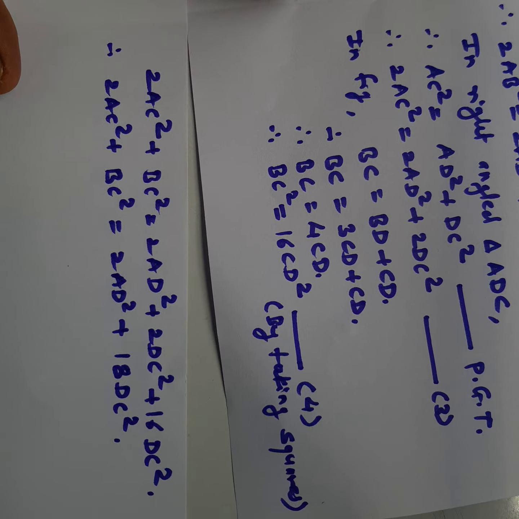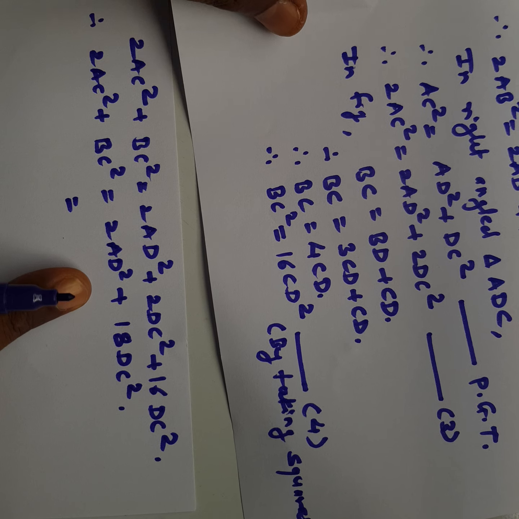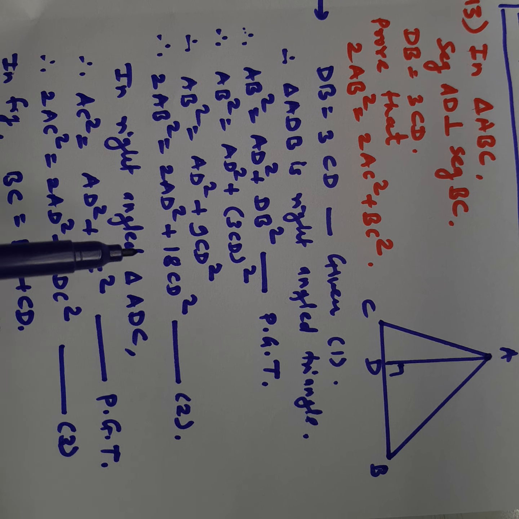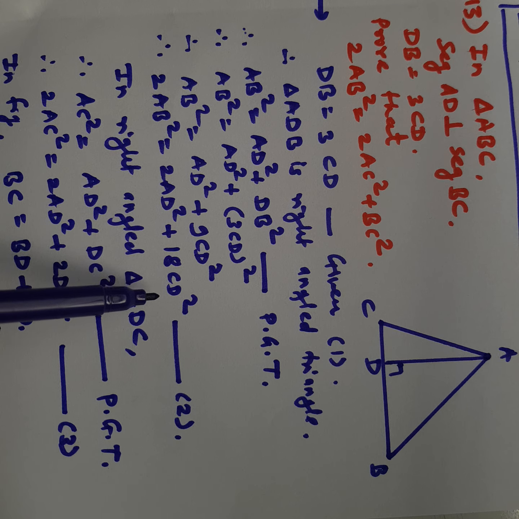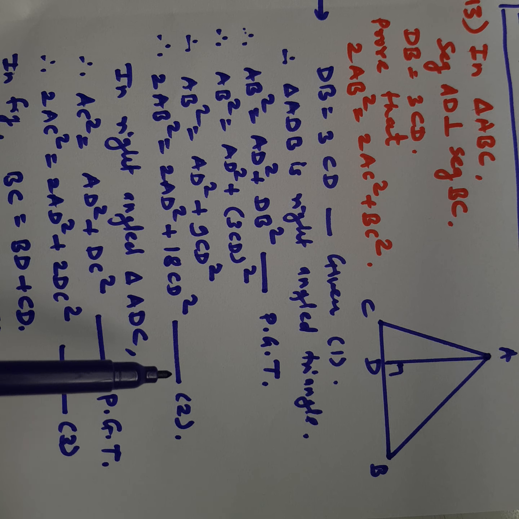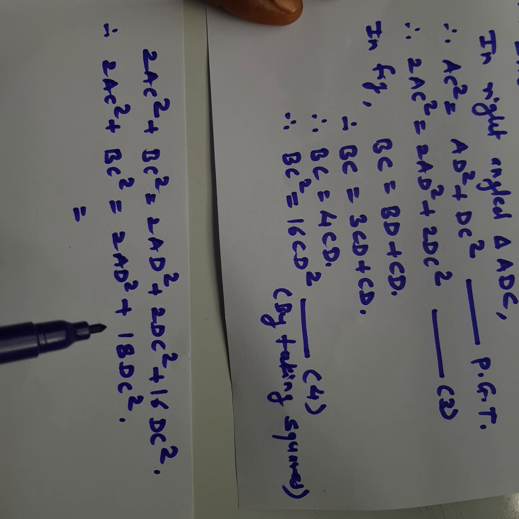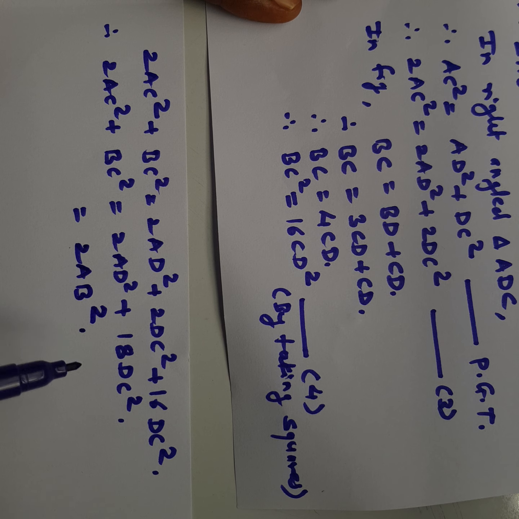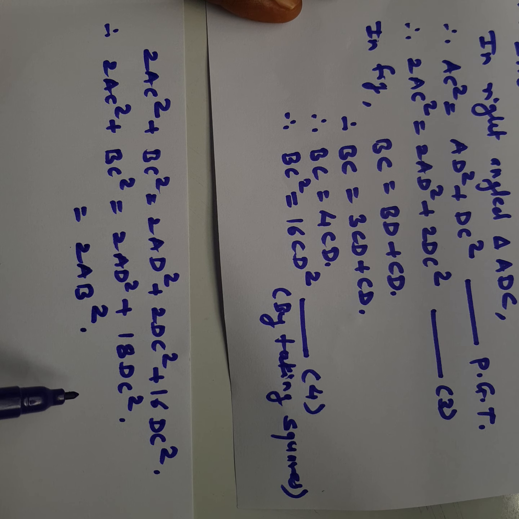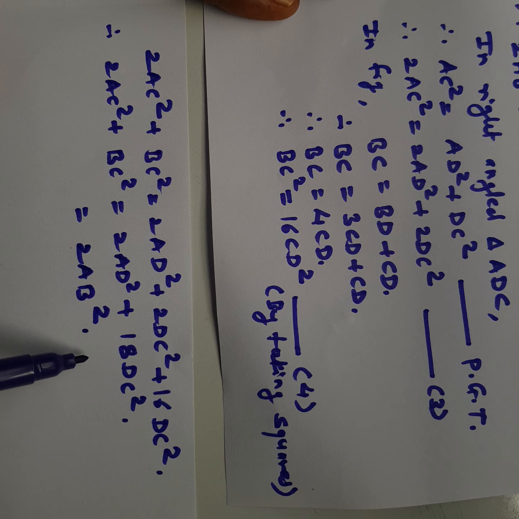Then if we see here, the right hand side 2AD square plus 18DC square, from equation 2, 2AD square plus 18CD square is equal to 2AB square. Therefore we can put that 2AD square plus 18DC square as 2AB square from equation 2.